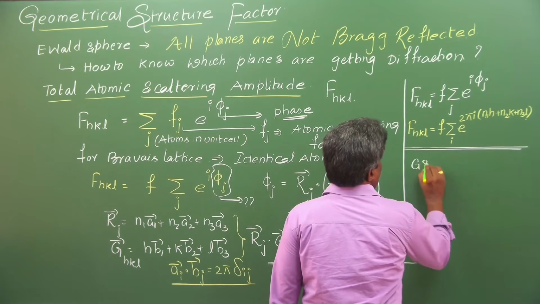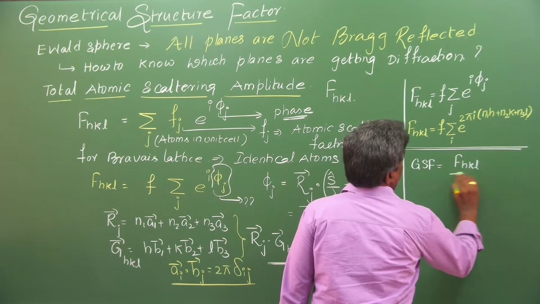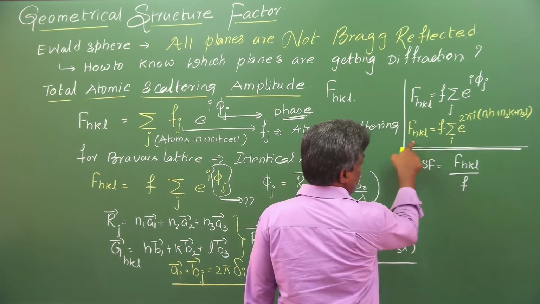And for the geometrical structure factor, here I am writing F HKL by F, just bring this F to this side.